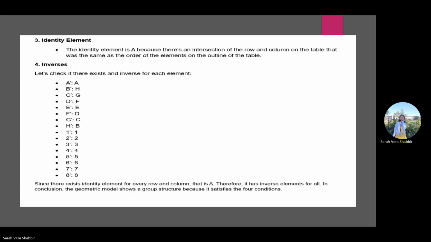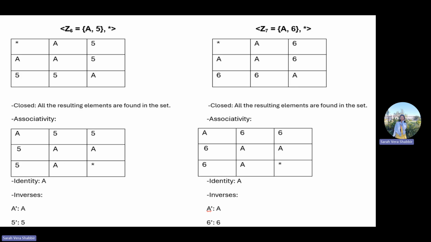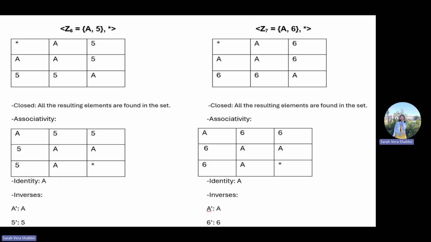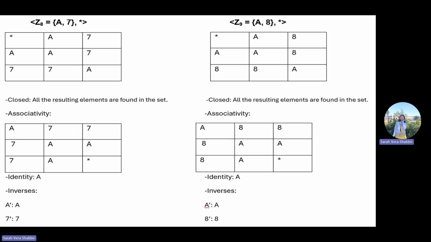So when we rotate it and get their inverses, they are also included in our set. So we also have Z sub 6. It is closed, it forms associativity and has identity and inverse. Z sub 7, with elements A and 6, is also closed, forms associativity, and has an identity and inverse, and likewise for Z sub 8 and Z sub 9.